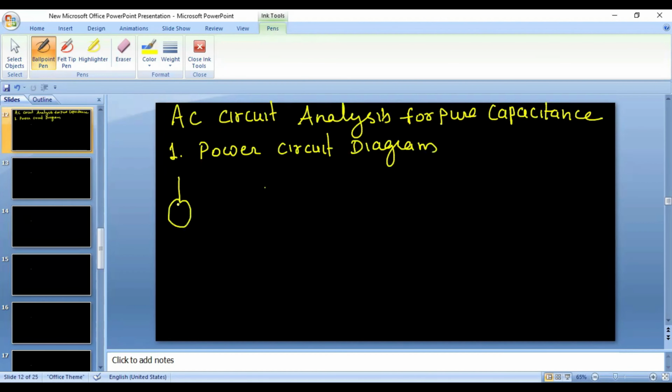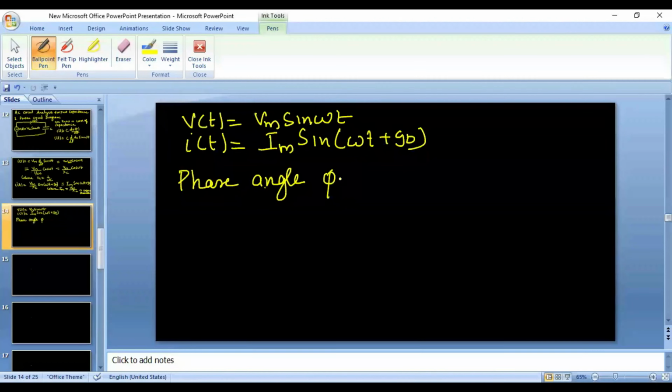Here you can clearly see that in the voltage the angle omega t is coming, and in the current omega t plus 90. So what it means is that in a capacitive circuit, the phase angle, and what is phase angle? Phase angle is nothing but the angle between voltage and current. So here the phase angle is 90 degrees lead. Why lead? Because in the current, this 90 degrees is coming with a positive sign.